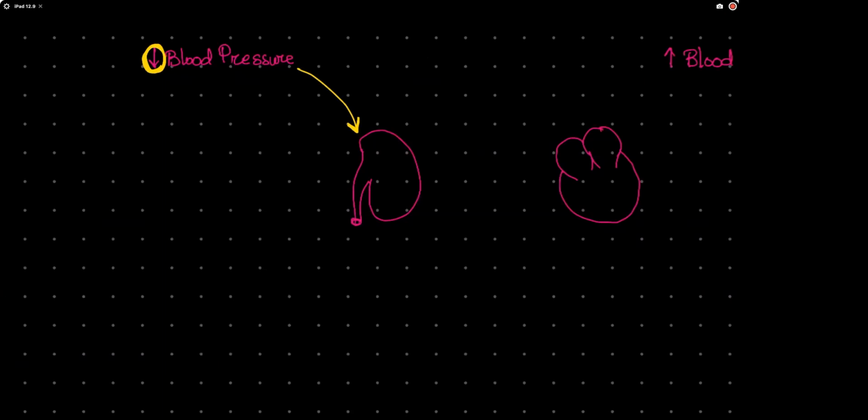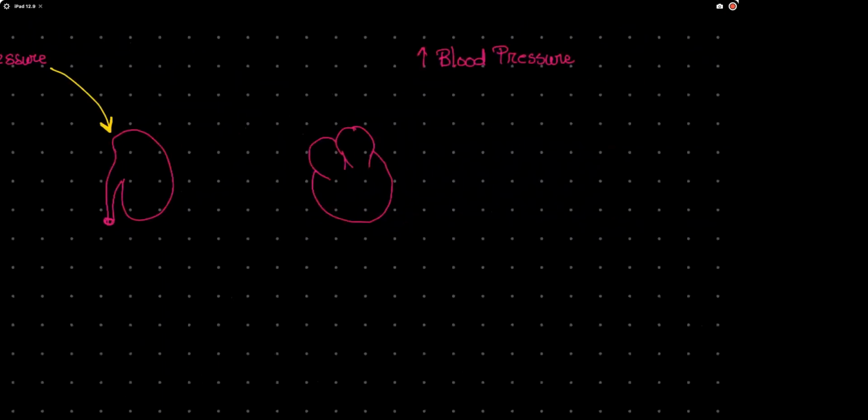On the other hand, the heart hates high blood pressure. Why? If I have lots of pressure of the blood within my arteries, the heart needs to exert a lot of effort, and needs to perform more contraction to overcome this pressure present in the arteries.